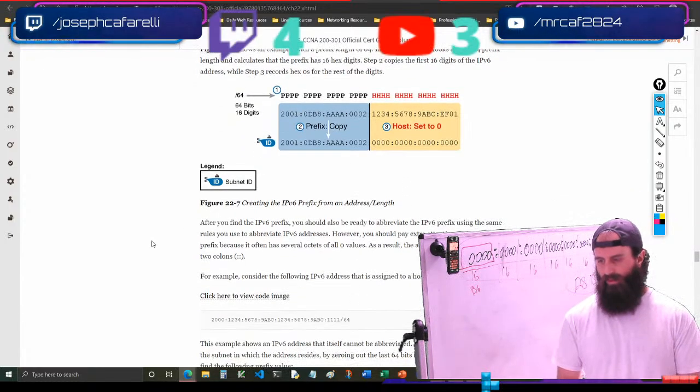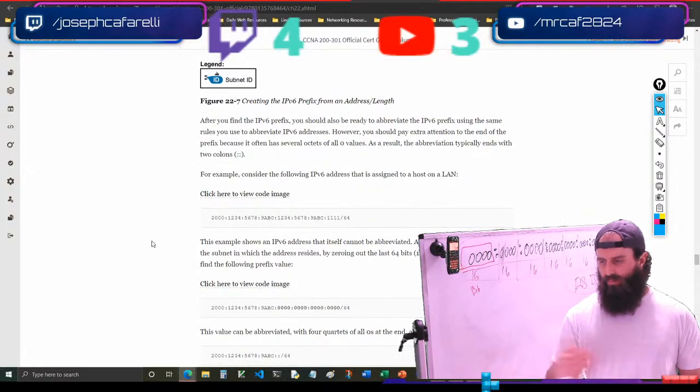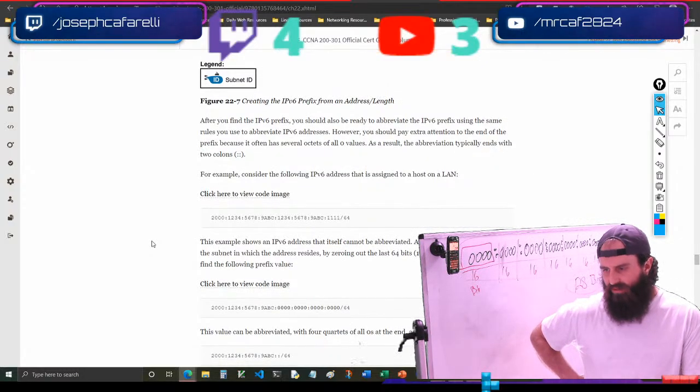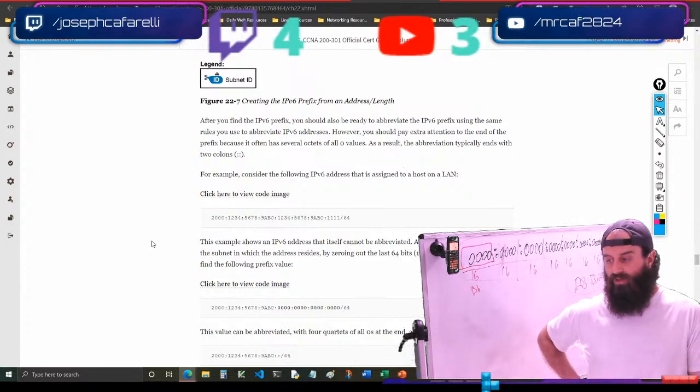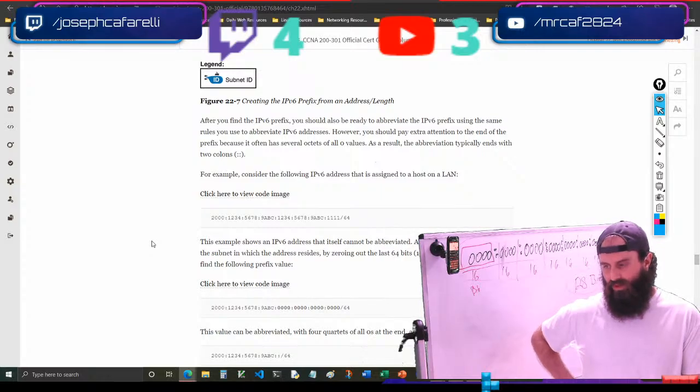Creating the IPv version 6 prefix and address length. After you find the IPv version 6 prefix, you should be ready to abbreviate it using the same rules you use to abbreviate the IPv version 6 address.